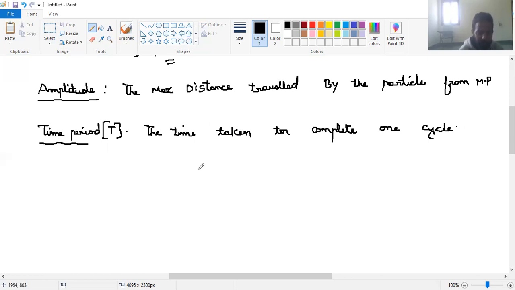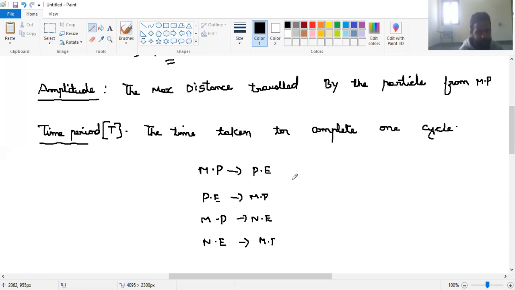Initially the body starts from positive extreme to mean position, mean position to negative extreme, negative extreme to mean position. This is called one cycle. The time spent to cover this much motion is known as time period. It is denoted by capital T.